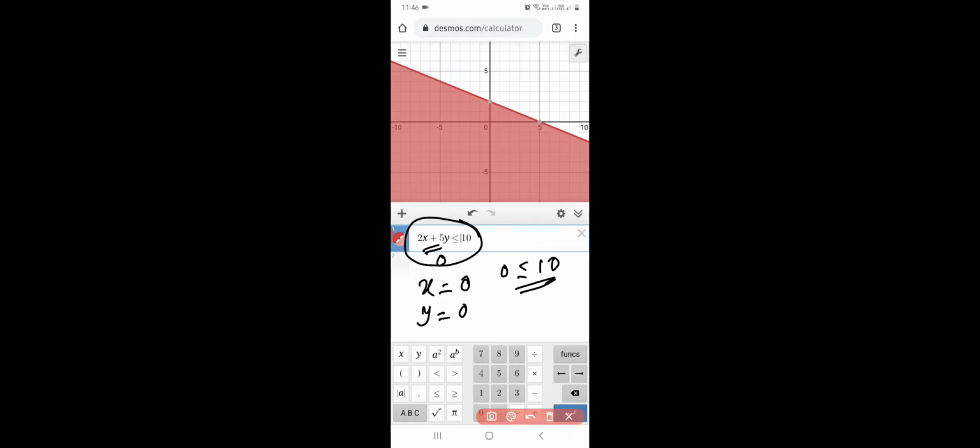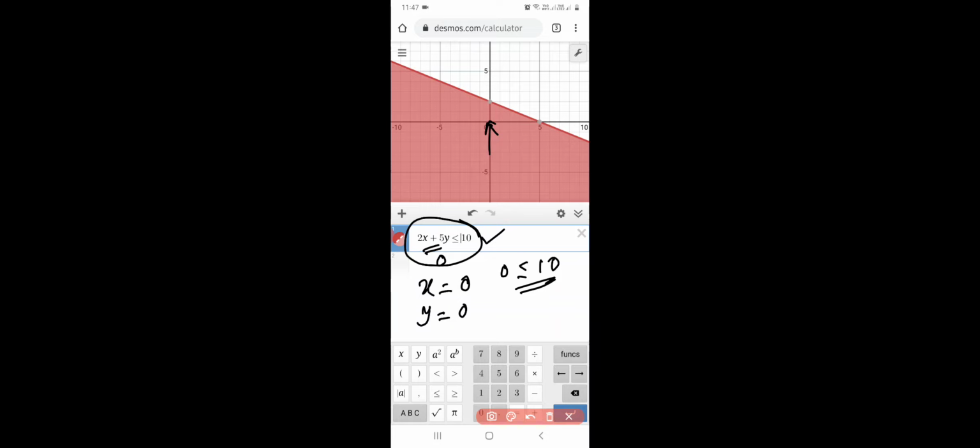So that means the origin satisfies the inequation. Are we getting the point? By putting 0 and 0 in place of x and y, I can see that it satisfies the inequation. So therefore (0, 0) is also a solution of this inequation. I hope this is clear to you.